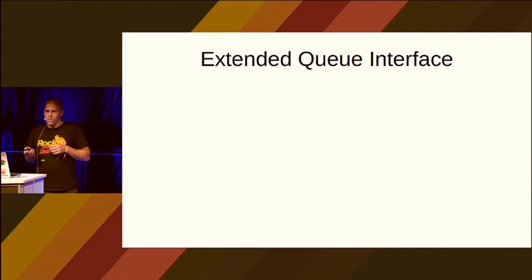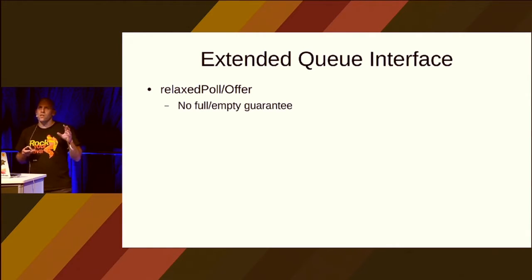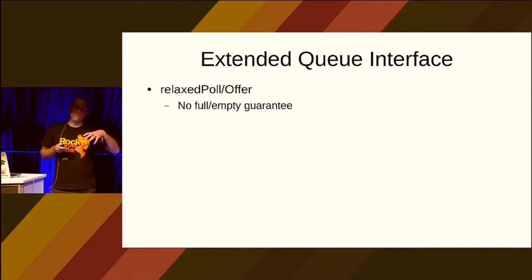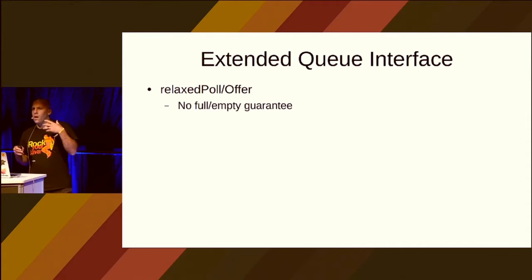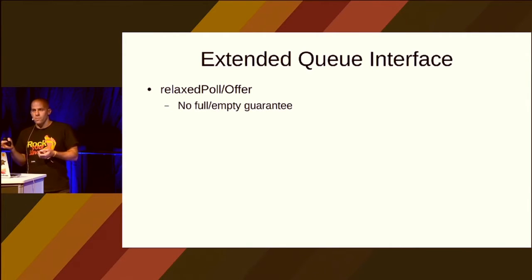It also offers an extended queue interface, which offers two main differing features. There's relaxed poll and offer, and that means the offer and poll on the queue interface conflate two concerns. When you offer, you're guaranteed that if you fail to offer, the queue is full, and similarly on the poll side, you can take an element. If you don't get an element, it means the queue is empty, and it has to be empty.